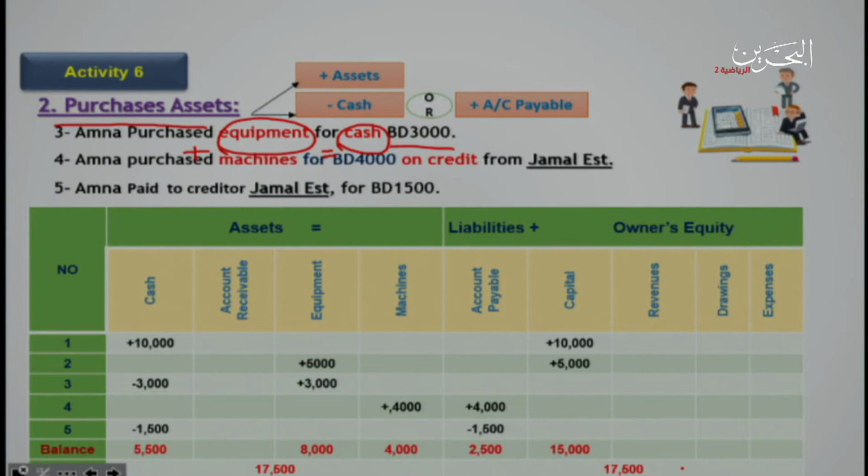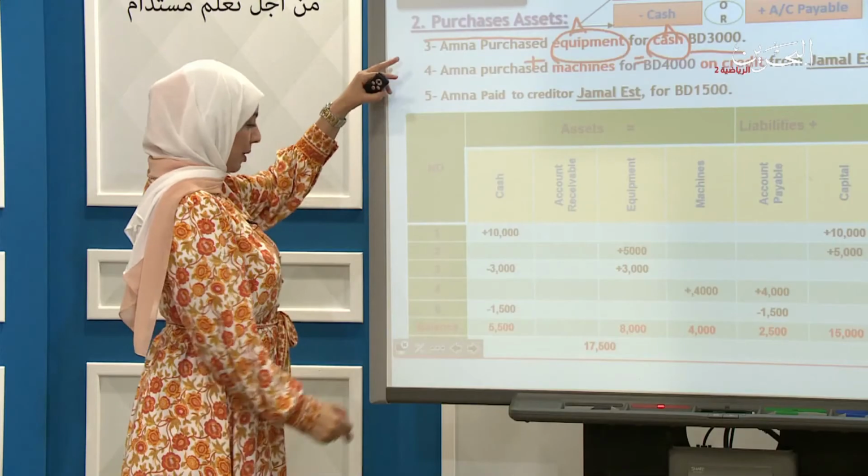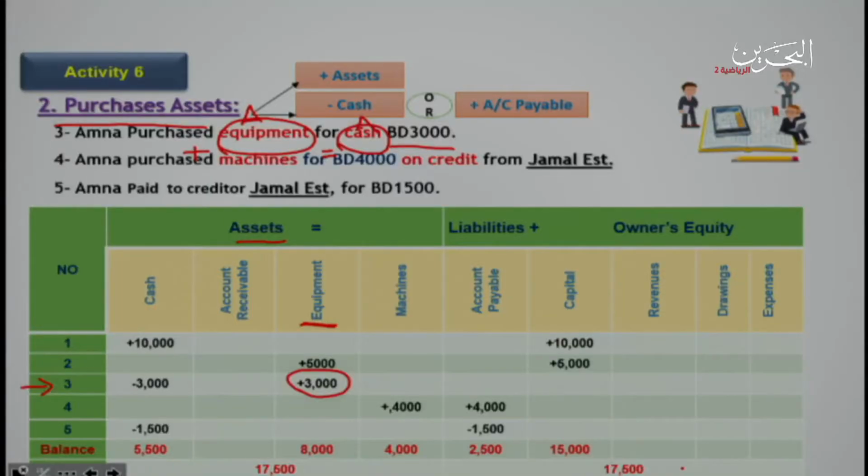The effect on this transaction: the equipment is an asset and the cash also is an asset. So the equipment will increase. Let us see it on our schedule. Moving to transaction 3. Now let us see the effect on the equipment in our schedule.